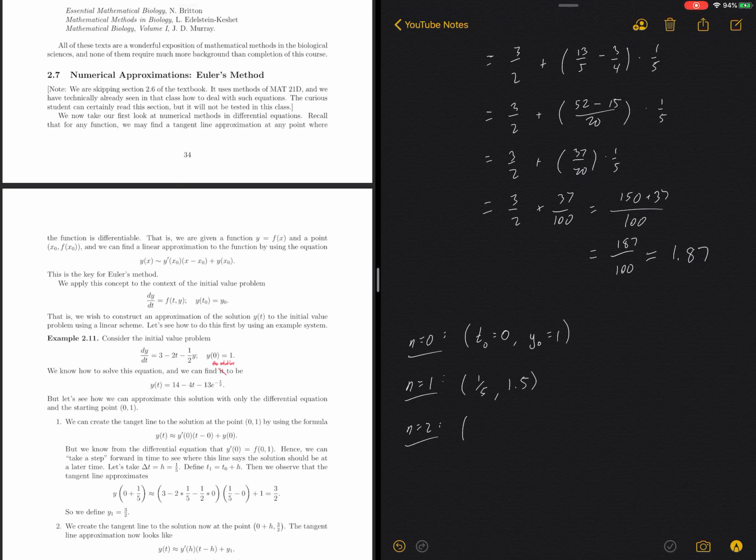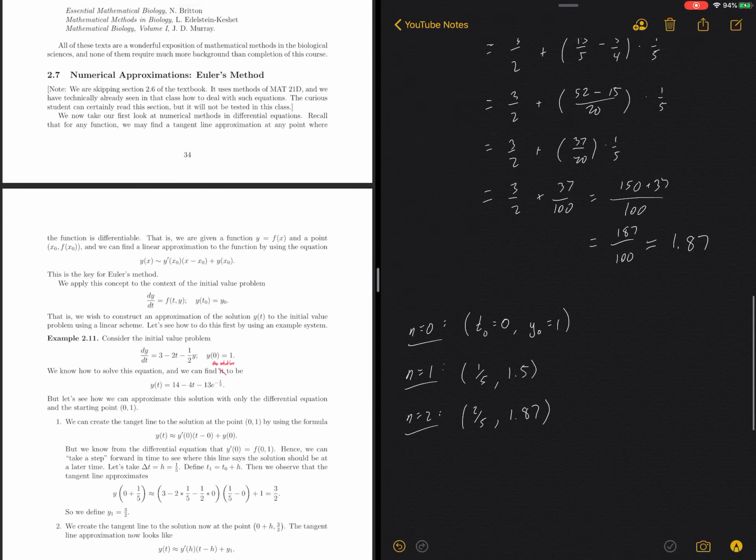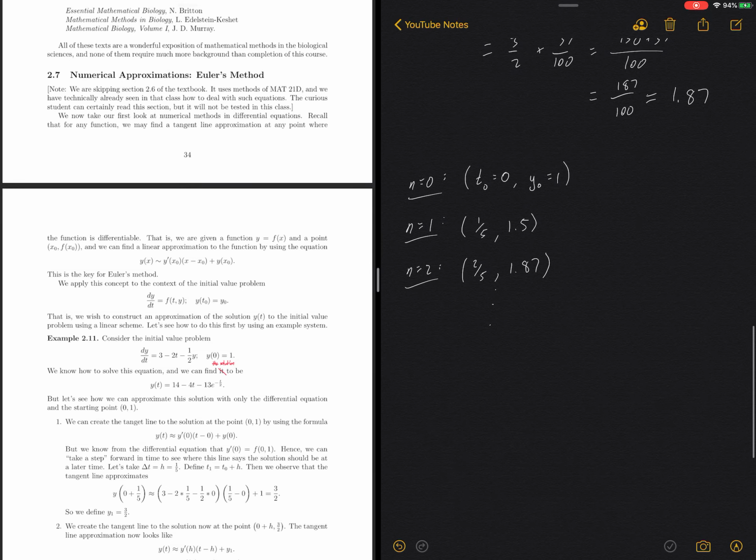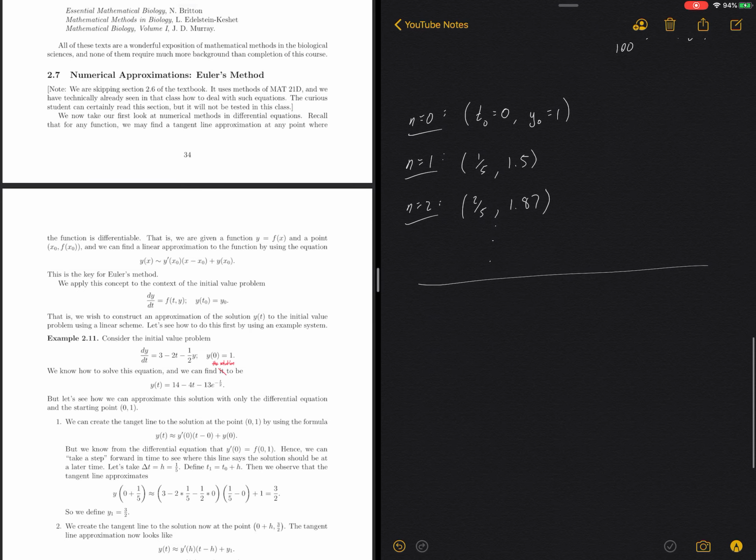If I go to the next step in my iteration, we've picked up an approximation of 1/5 by 1.5, that's 3/2. And we just went to the next iteration. This is another 5th away from 0, so this is 2/5 by 1.87. And I can continue that process however long I would like.